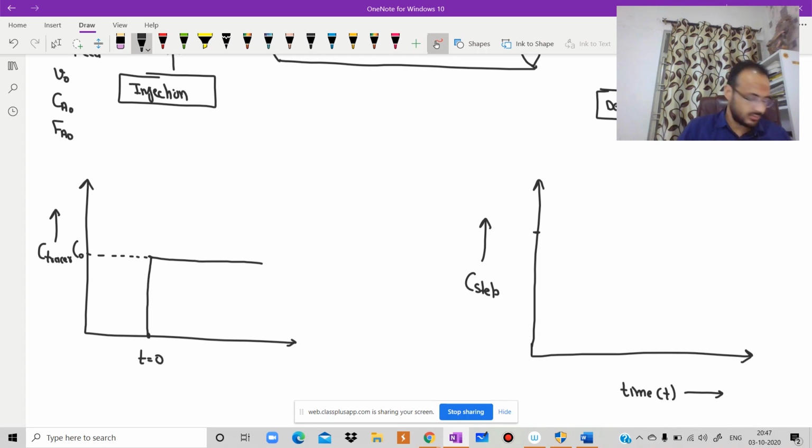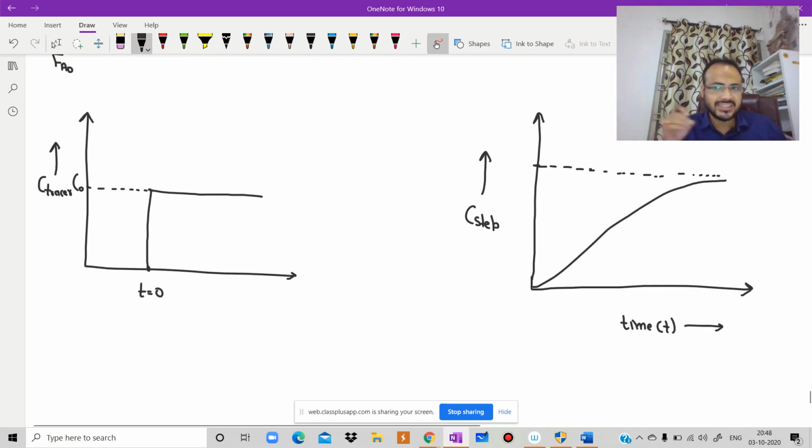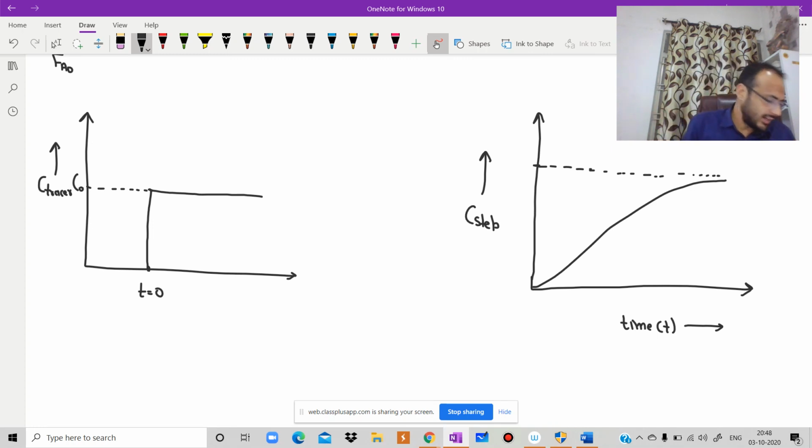Then we will get a graph like this. Is it clear? Why is it going to increase? At time t equal to 0, and as time increases, why does this increase, and after some time when will it be constant? When it goes up to C0.